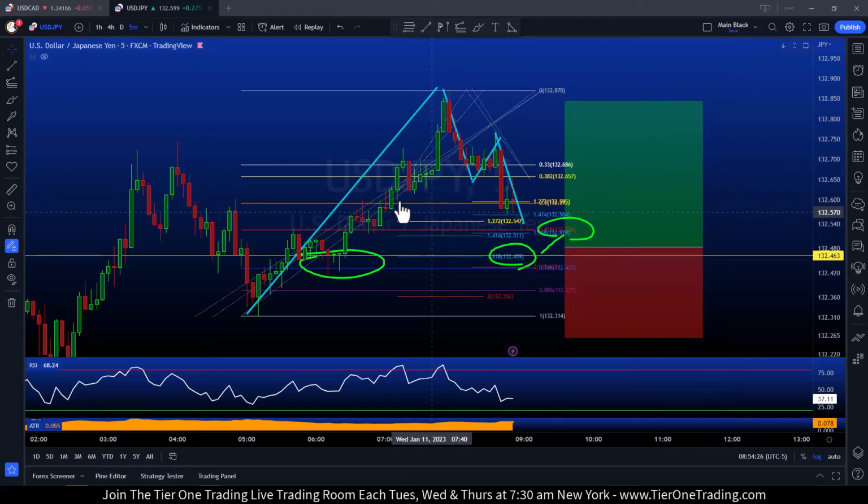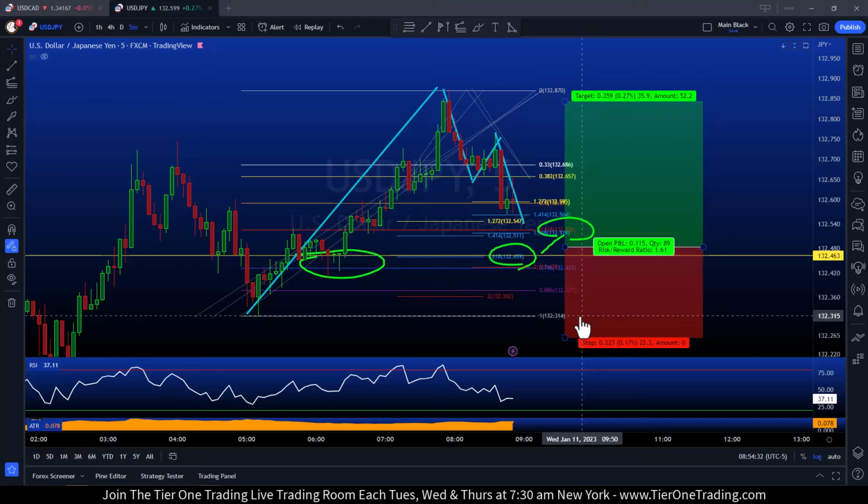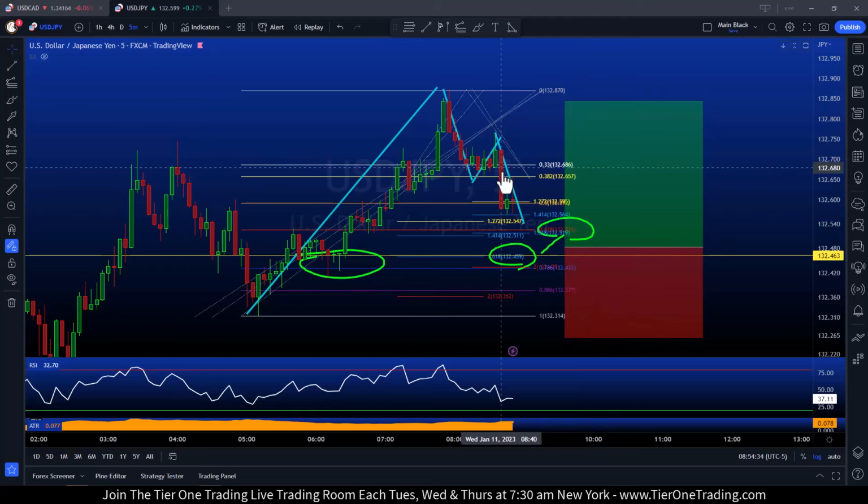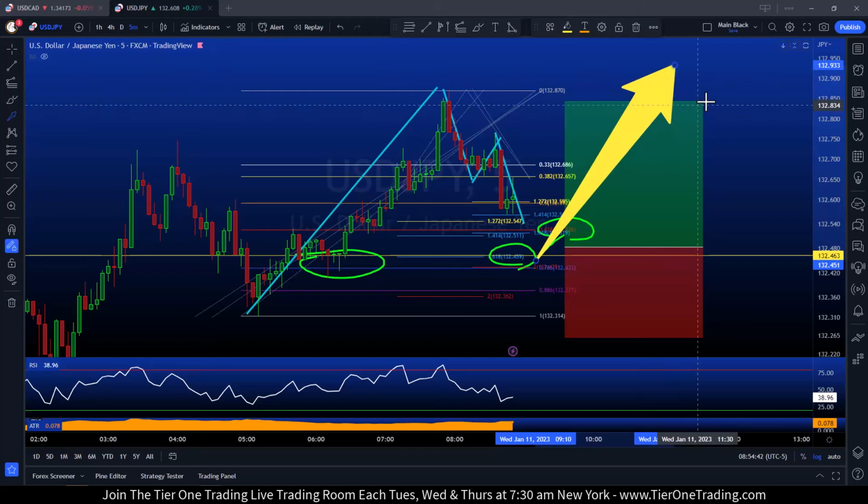Looking at the micro trend being violated, however, the larger trend staying intact. And looking at the market baiting people to be like, hey, I'm getting short, I'm getting short, I'm getting short. And then using those short orders to boost the longs. Refreshing.